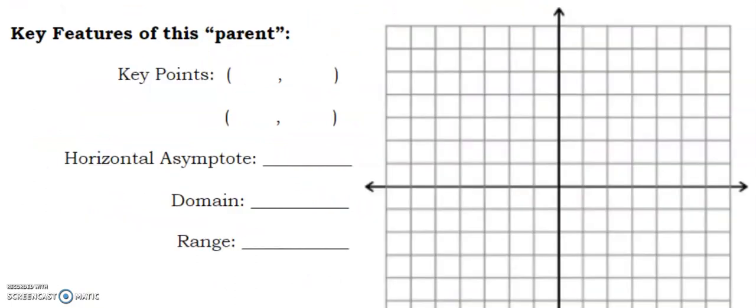So key features of this parent function in particular, the one with e. We're still going to go through the point (0, 1). We're still going to go through the point (1, base), but this time our base is e. So (0, 1), (1, 2.7). We're going to have our horizontal asymptote at y equals 0. That hasn't changed.